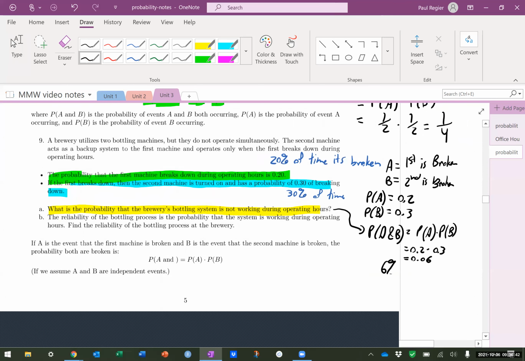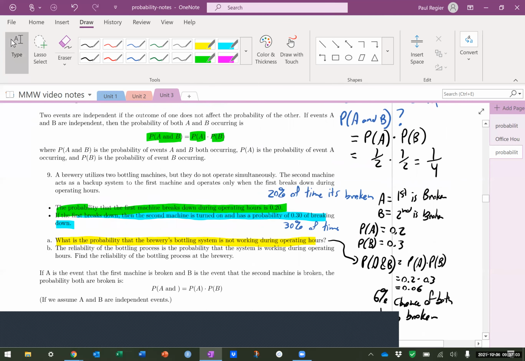So there's a 6% chance of both being broken. Okay, so that's a direct application of this multiplication rule, the first rule for independent events.